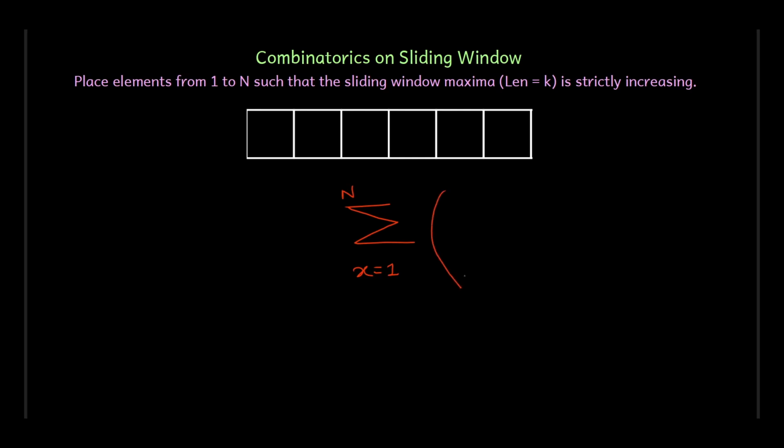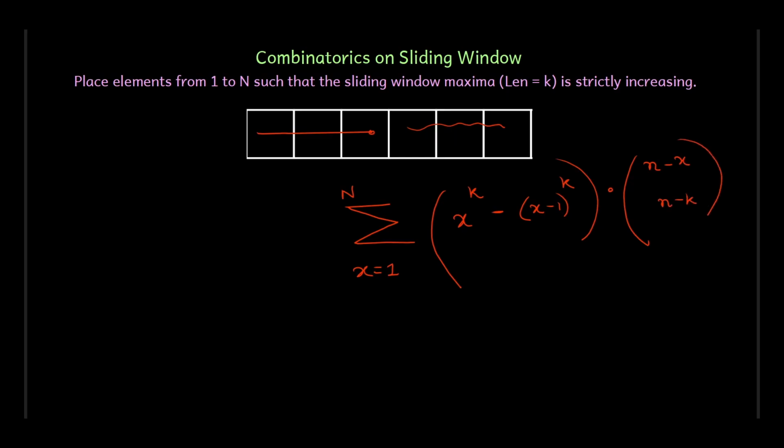Then you multiply the number of ways to color the first special segment, which is x to the power k minus x minus 1 to the power k, into the number of ways to distribute the right segment. There are n minus x elements still remaining and n minus k slots still remaining. So this is the final answer to this problem.